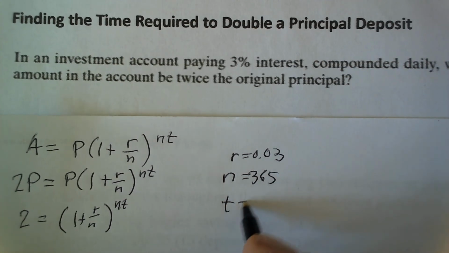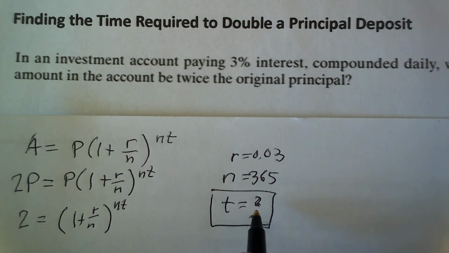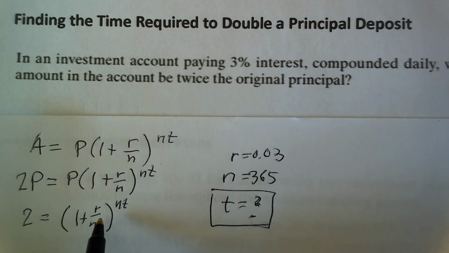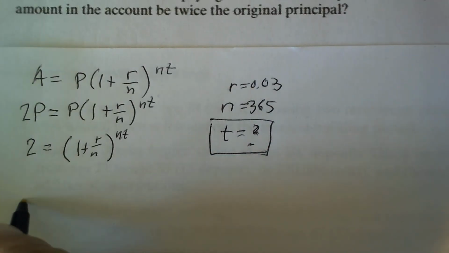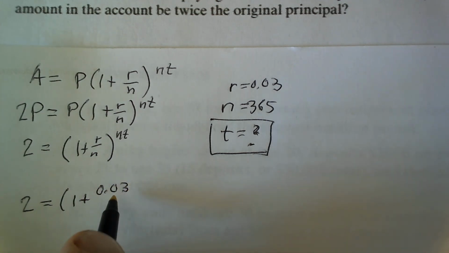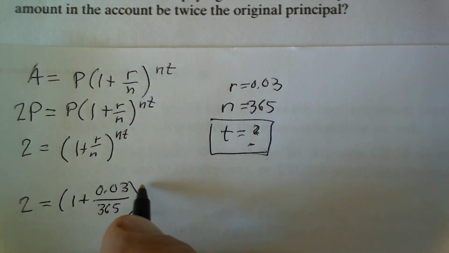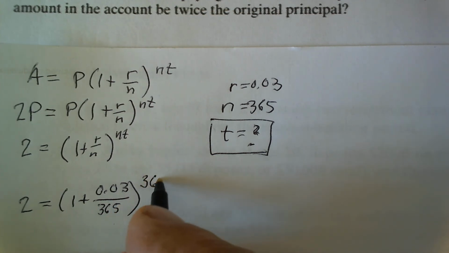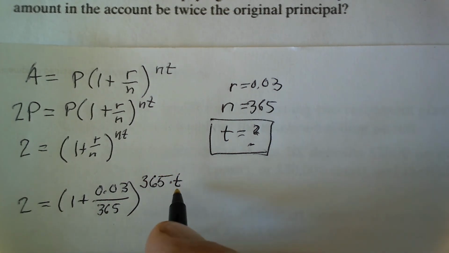And now we want to know what is T. So we use the information we have in this expression here. So 2 is equal to (1 plus 0.03 divided by 365) to the 365 times T power. And so we want to know what T is.